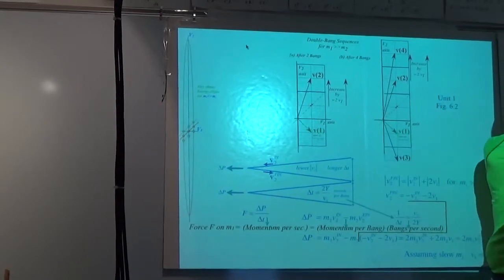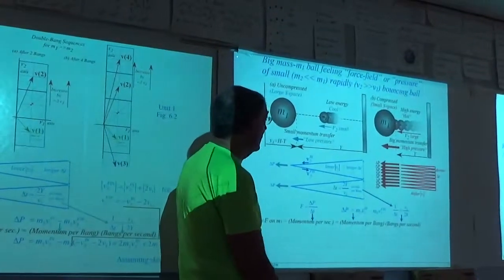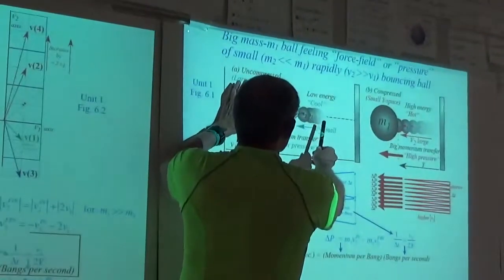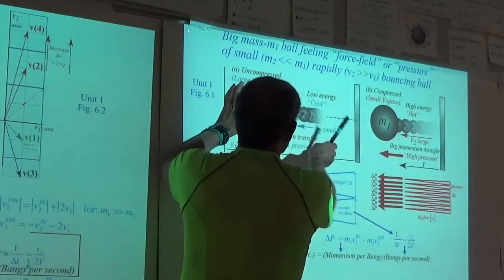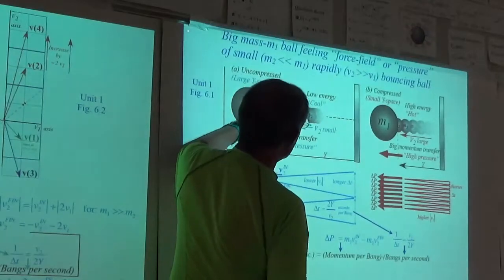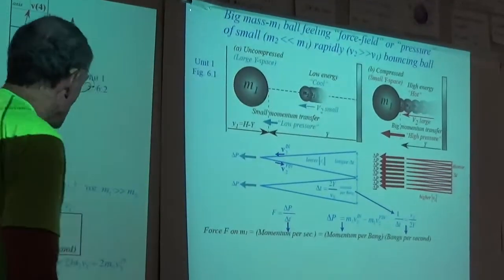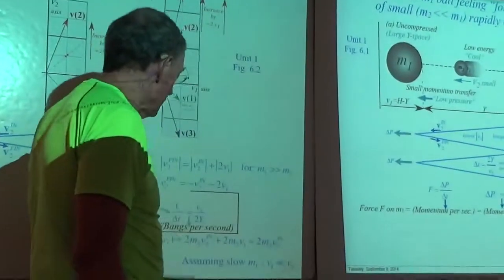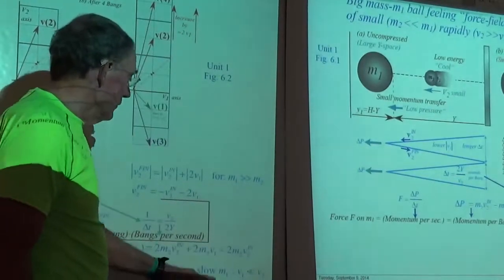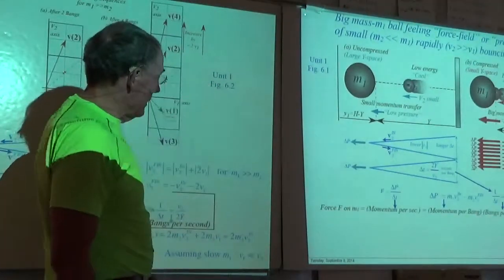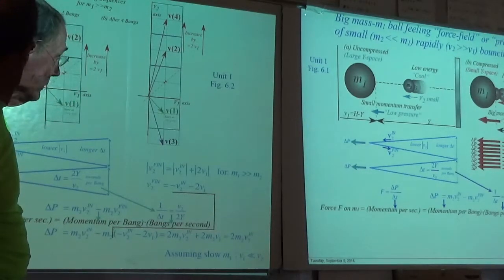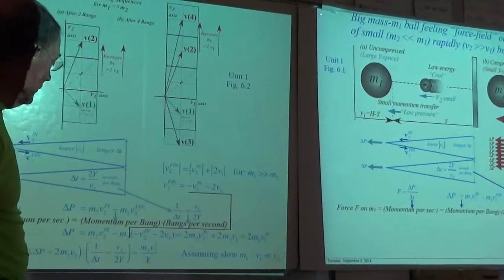The kinetic speeds, which are thousands of kilometers per second at room temperature for nitrogen and oxygen molecules, are very, very large compared to the drift velocity of the monster mass, M1. So we're going to assume a slow monster mass and take V1 out of this equation altogether. So the momentum change, 2m2v2, is going to be the main part of this relationship.